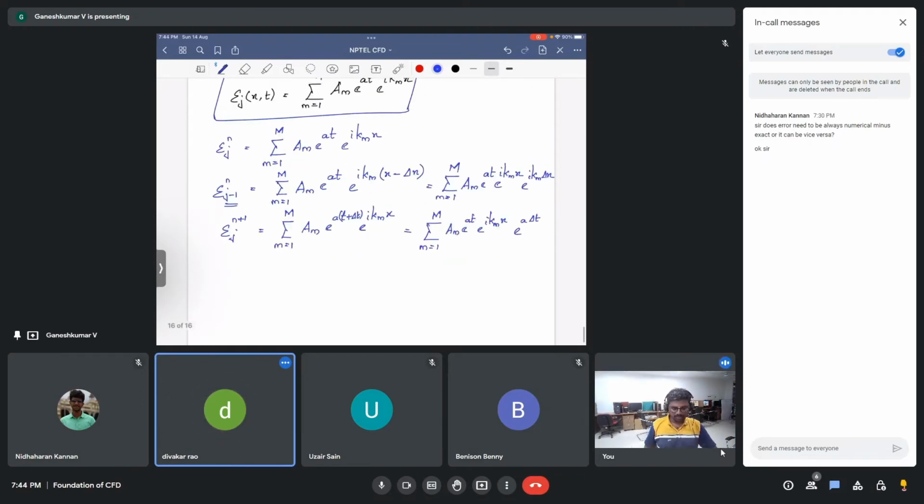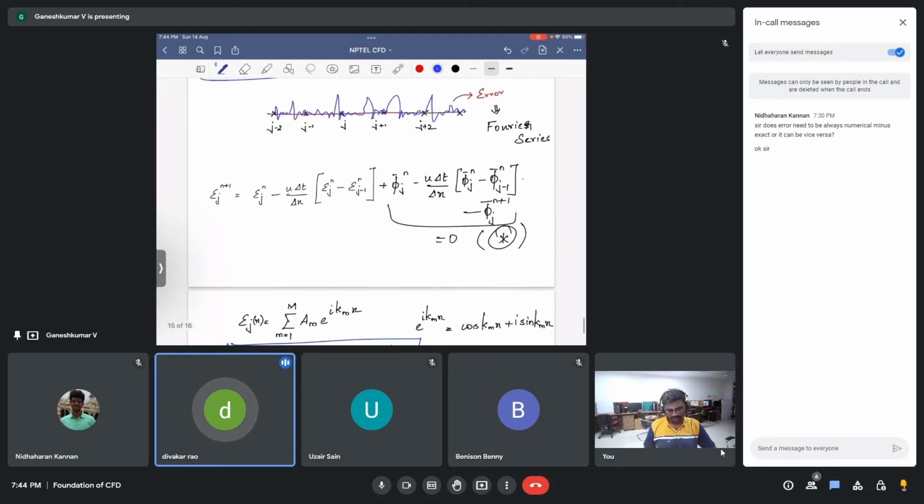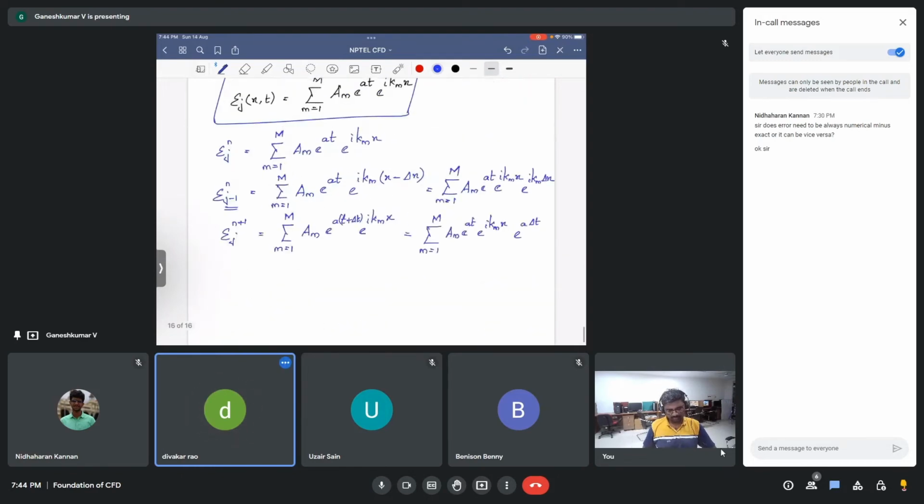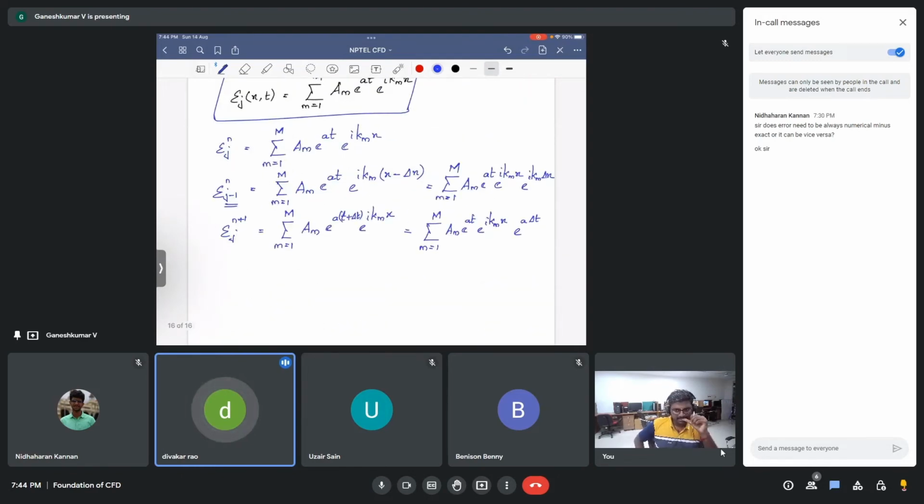Now let's substitute this in the second equation, where we have e power minus I k_m delta x, for j minus 1 in the previous time step.